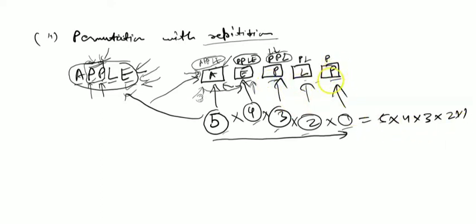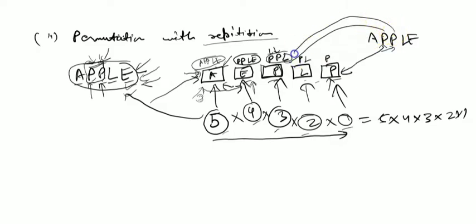In other words, it doesn't matter if this is the P, let's say A P P L E, it doesn't matter if slot 5 is filled in with the P of this one or this one. It doesn't matter if you fill in the third slot with this P or this P. It's the same thing, and that's why you have to consider that P is being repeated.